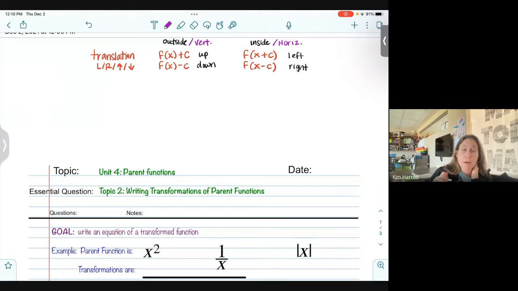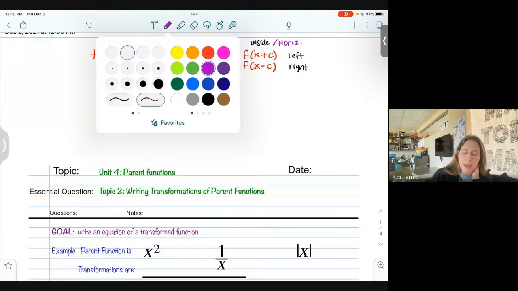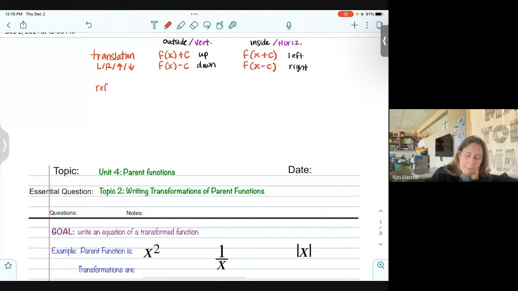So we had translations, left, right, up, and down. The next thing we had were reflections. And reflections could be in the horizontal direction when we reflect side to side, and reflections could be in the up and down direction, like happy and sad parabola. All of the reflections related to a negative sign in the problem, and it depended on, again, whether that negative sign was inside the parentheses or in front of the parentheses.